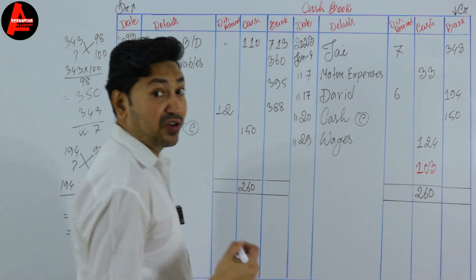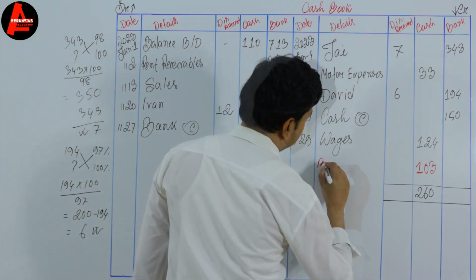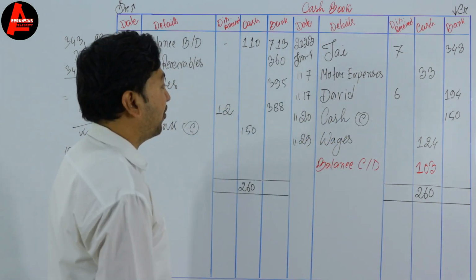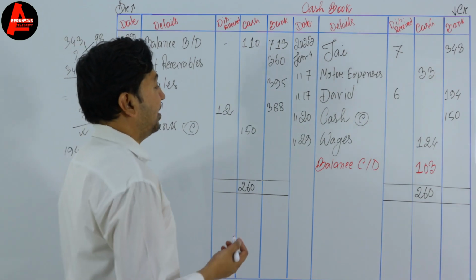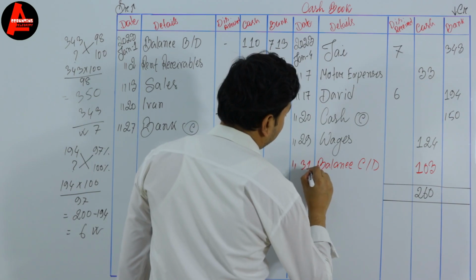This is our closing balance. We write the closing balance as balance c/d, which stands for carried down. The date for balance c/d will be the last day of the month. January has 31 days, so we will write 31.